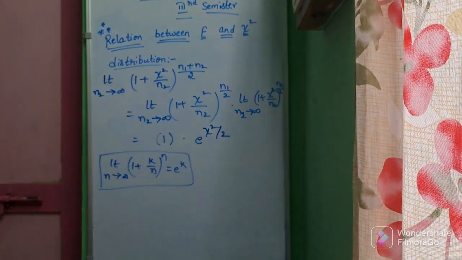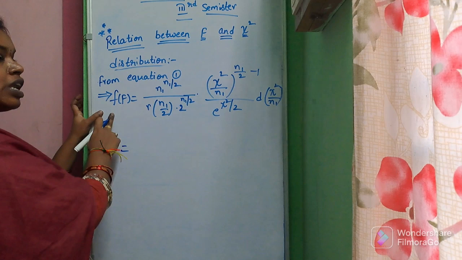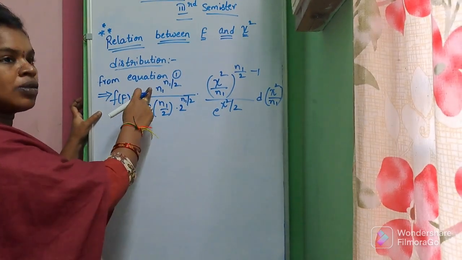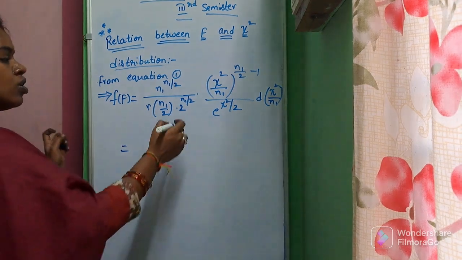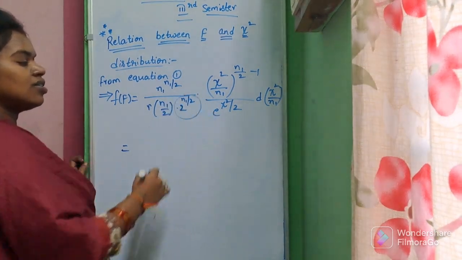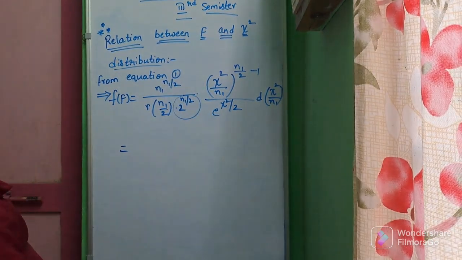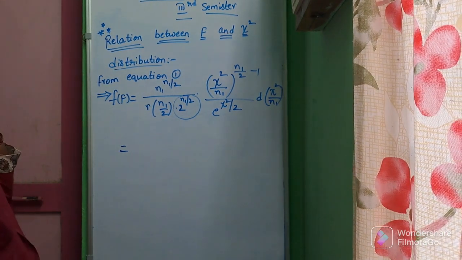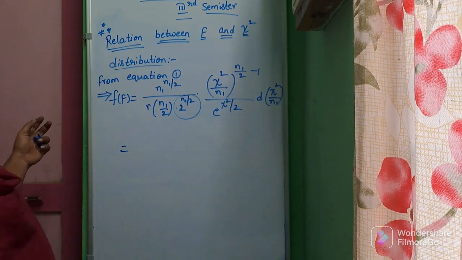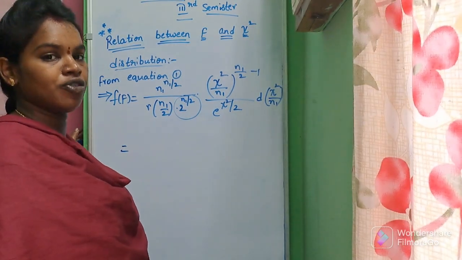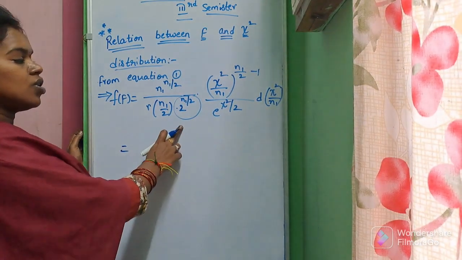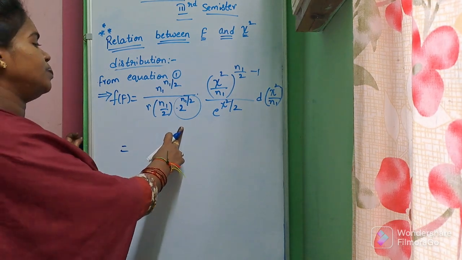From equation 1, we take f of F equal to n1 power n1 by 2 by gamma of n1 by 2. Here we substitute in place of gamma of n1 plus n2 by 2 by gamma of n1 by 2 into gamma of n2 by 2. In that place, we are just replacing this value.